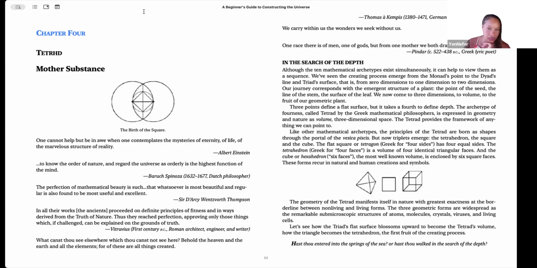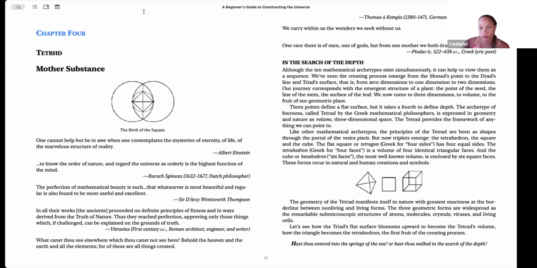3 points define a flat surface, but it takes a 4th to define depth. The archetype of 4ness, called Tetrad by the Greek mathematical philosophers, is expressed in geometry and nature as volume, 3-dimensional space. The tetrad provides the framework of anything we can point to. Like other mathematical archetypes, the principles of the tetrad are born as shapes through the portal of the Vesica Pisces.